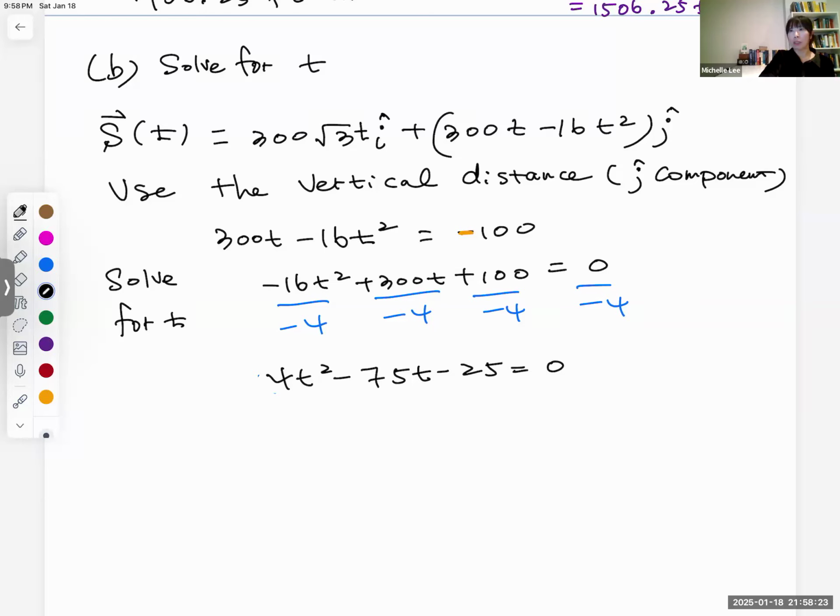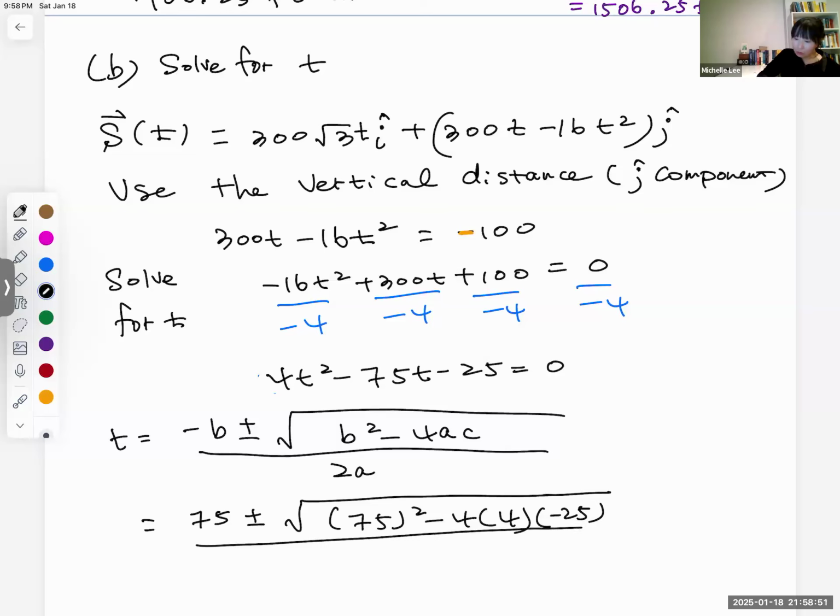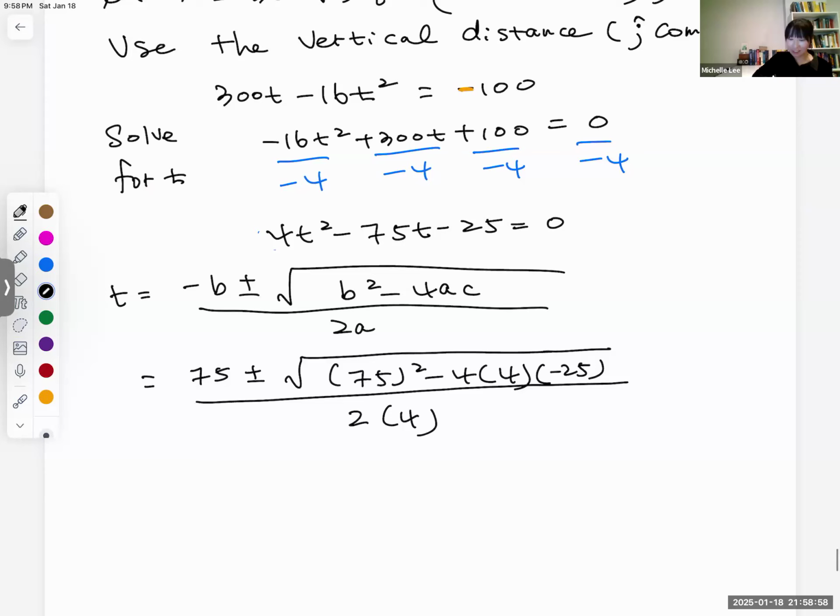So quadratic formula, t equal to negative b plus or minus square root of b squared minus 4ac, all over 2a. So negative b, so positive 75 plus or minus square root of 75 squared minus 4 times 4 times negative 25, all over 2 times a, right? Please calculate everything.